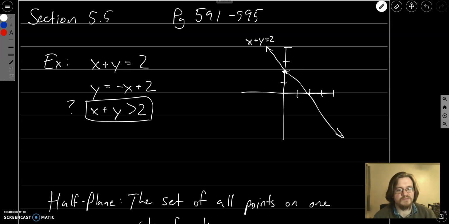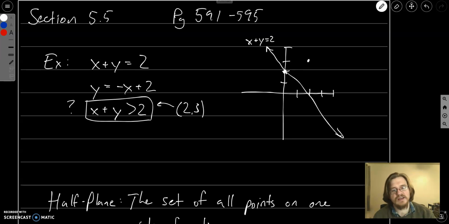Well, if I plug in a couple points, if I look at if x was 2 and y is 3, 2 plus 3 is certainly bigger than 2. 2 plus 3 is 5. So the point 2, 3 certainly satisfies that equation. Well, the point 2, 3 is up here.